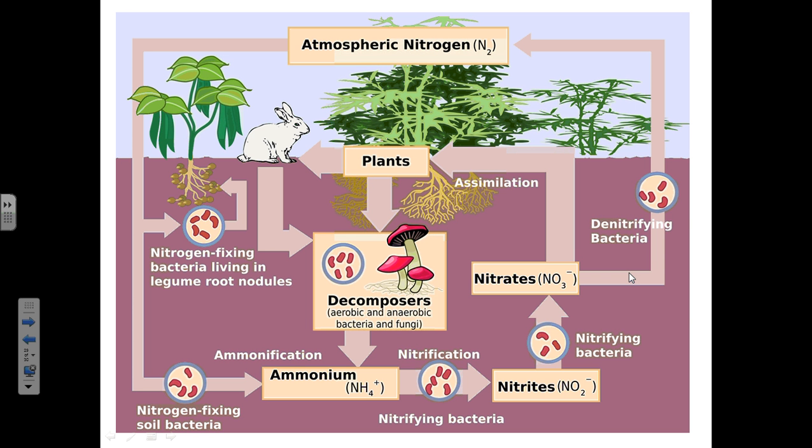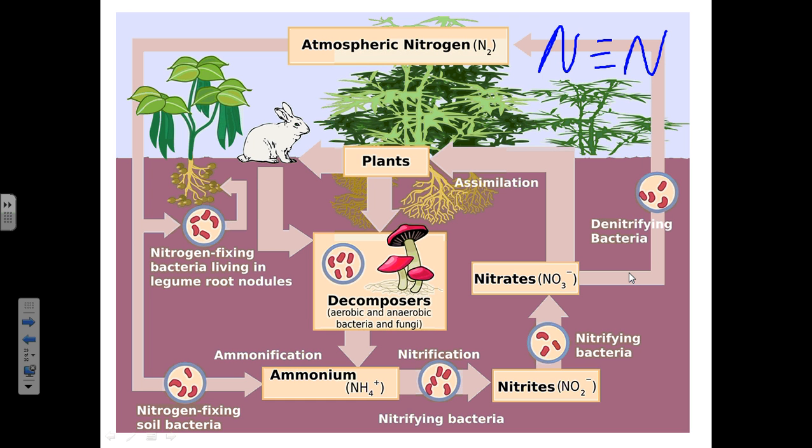And then the last cycle I will mention is nitrogen. There's a lot of nitrogen on Earth, but the problem is most of it is where? It's in the air. And it's in this molecule that we call atmospheric nitrogen, or N2. And the bad thing about N2 is that those two nitrogens are held together by 3 bonds.